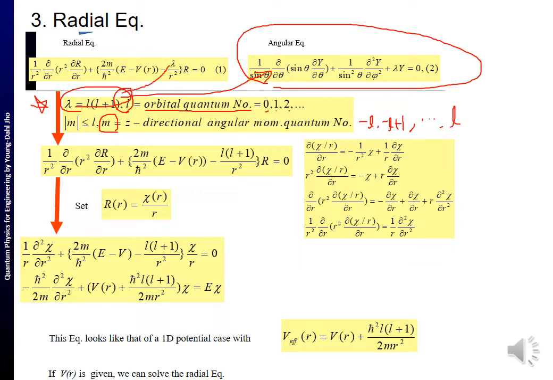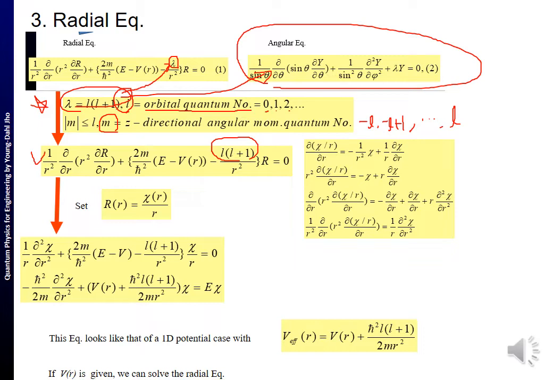Now we put this into the radial equation. So the radial equation is now written again. Instead of lambda, we set L plus 1. And here, the equation still looks pretty complicated.